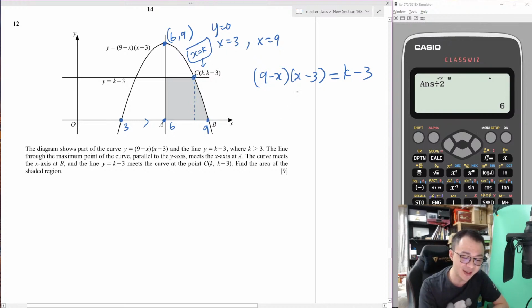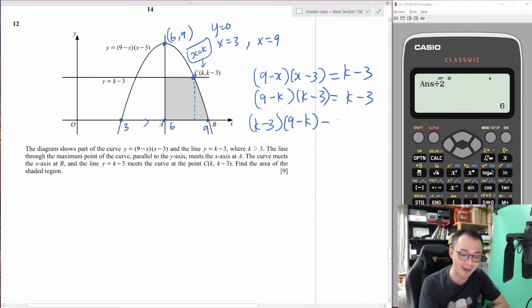In this case, I can just say 9 minus k, in brackets, k minus 3 equals k minus 3. Alright, so over here, I will just factorize k minus 3. I do not want to expand it, so you can see what is happening here. So 9 minus k, minus, k minus 3 equals 0, and then I factorize out the k minus 3. So I should have k minus 3 times 9 minus k minus 1 equals 0.